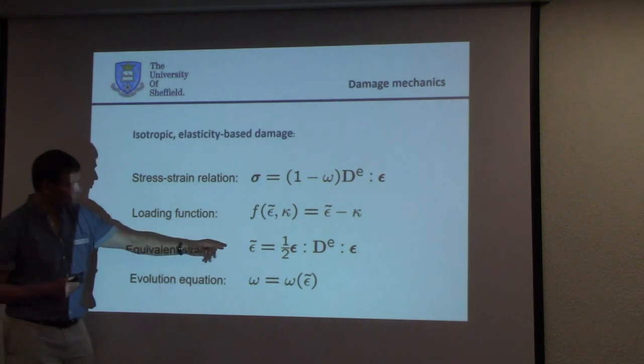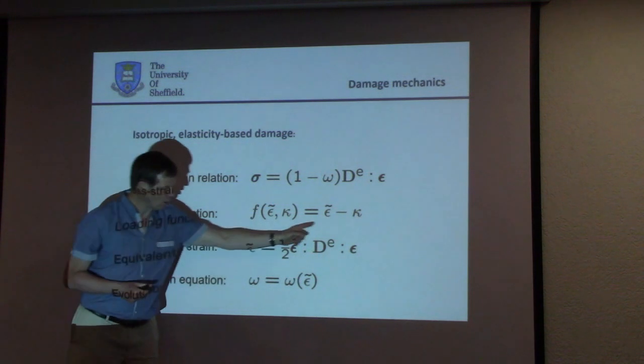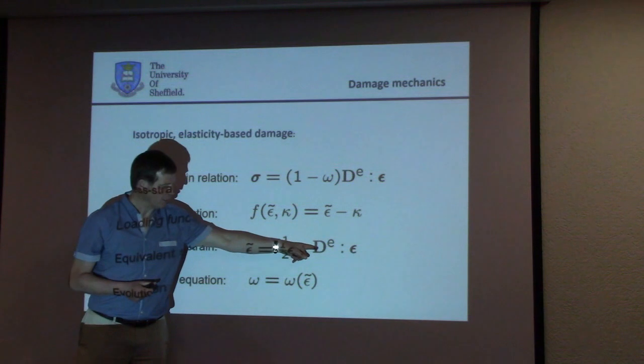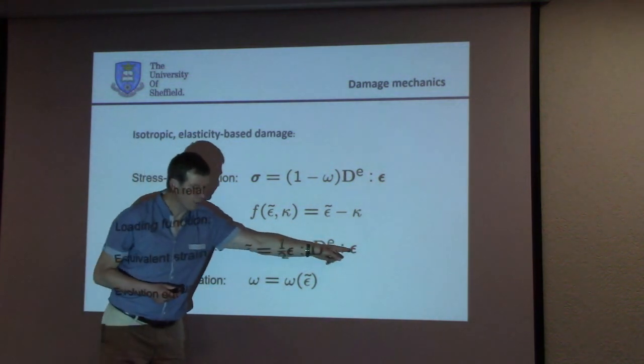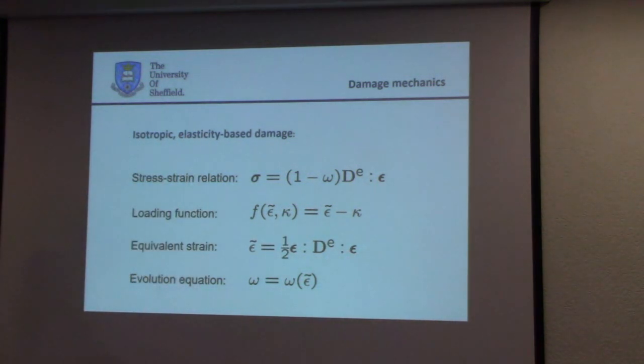Now, an example of that is this expression, which is often used for metals, and which is a half times the strain times the elastic stiffness times the strain. Essentially a work expression.